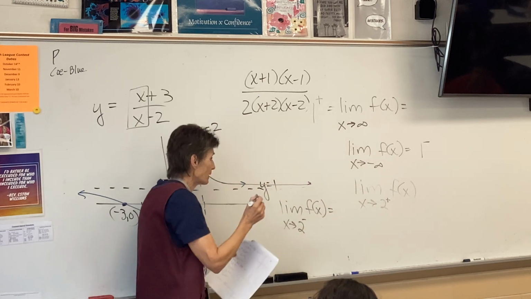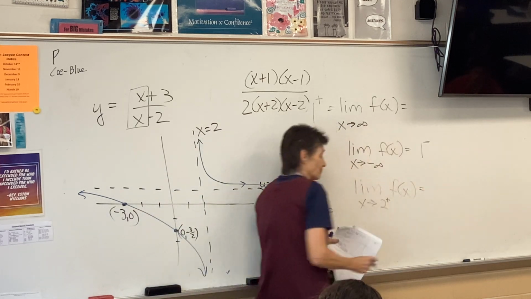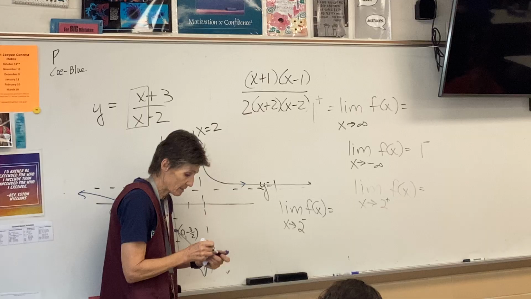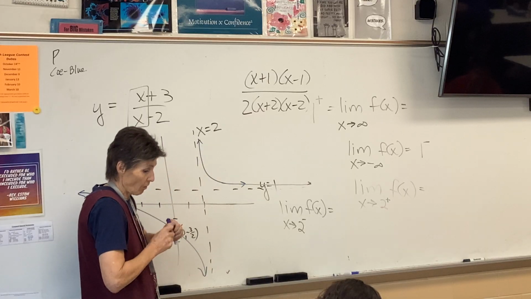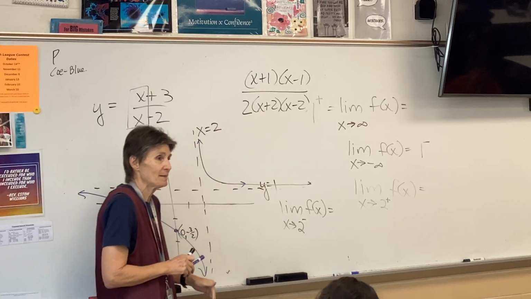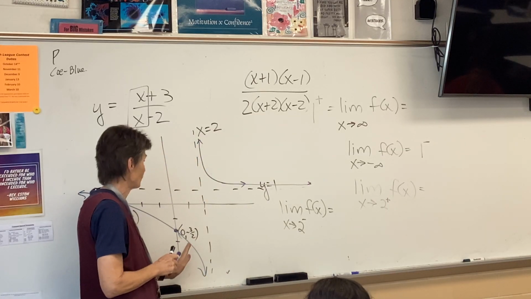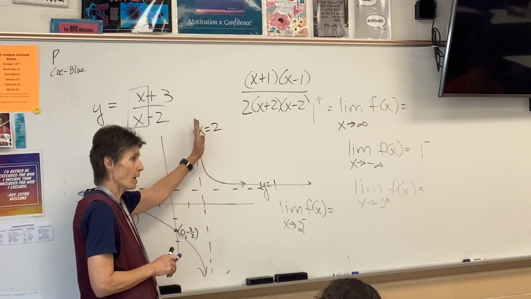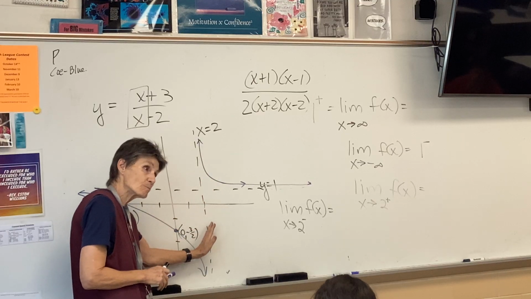So let's talk about these last two questions. First of all, x is 2. What's happening when x is 2? When x is 2, I have an asymptote.